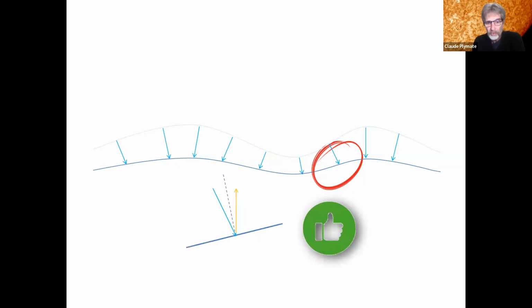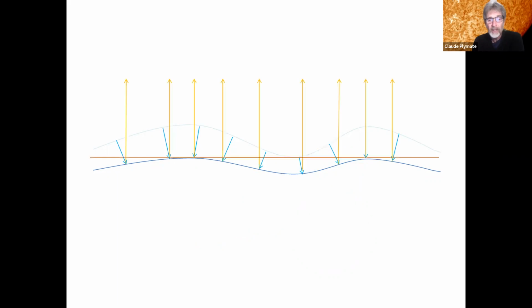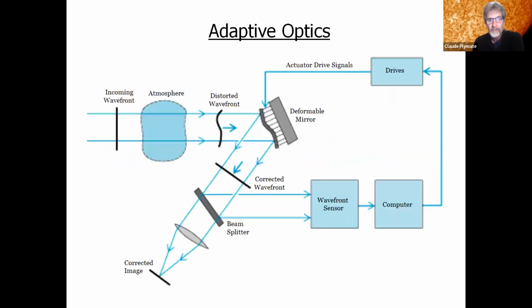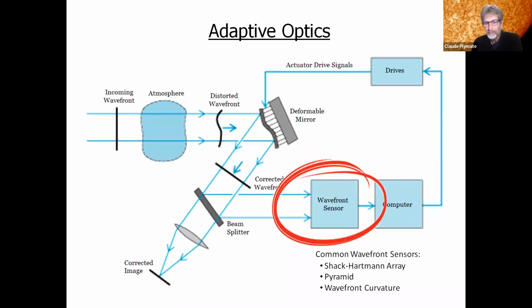Yes, this is the solution we want, which is the half angle or half amplitude of that wavefront across there. If we apply that to all the rays, every ray comes up vertically, and again, we end up with a nice flat wavefront. So here we are back with our cartoon of the adaptive optics system. Let's look next at that magic black box called a wavefront sensor.